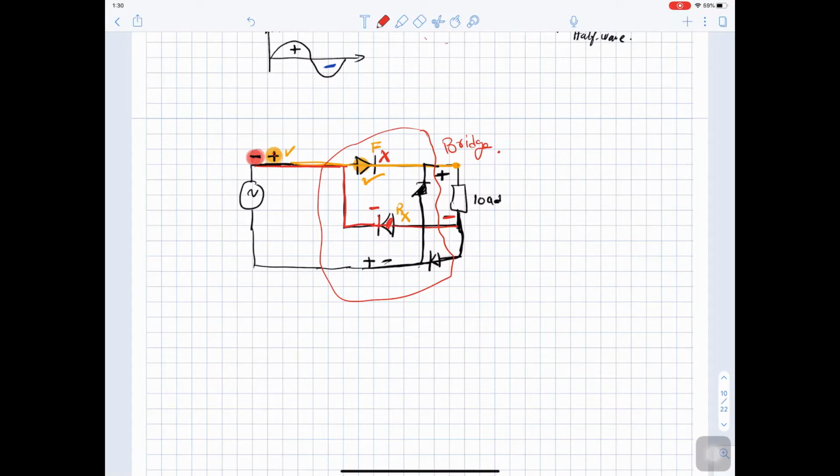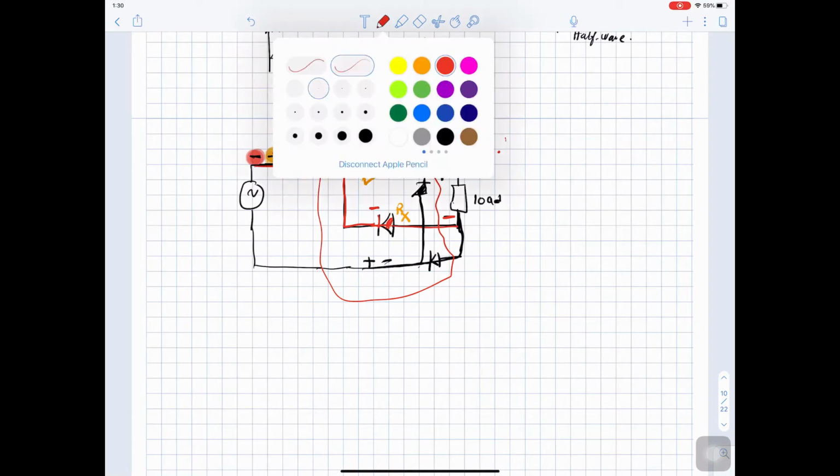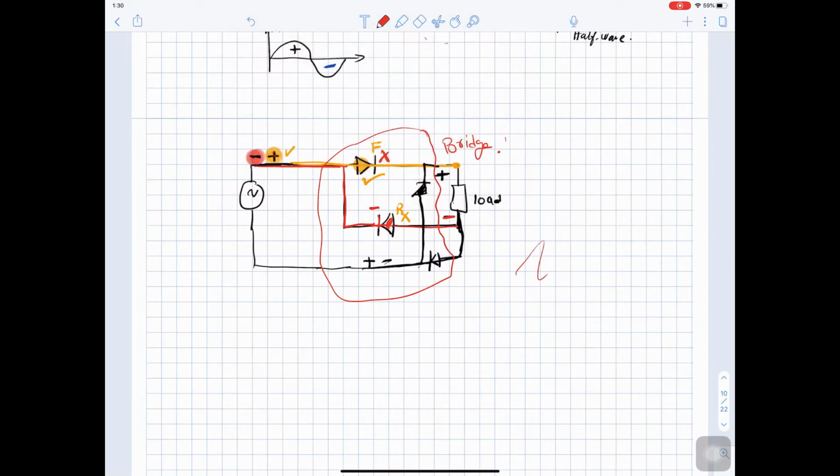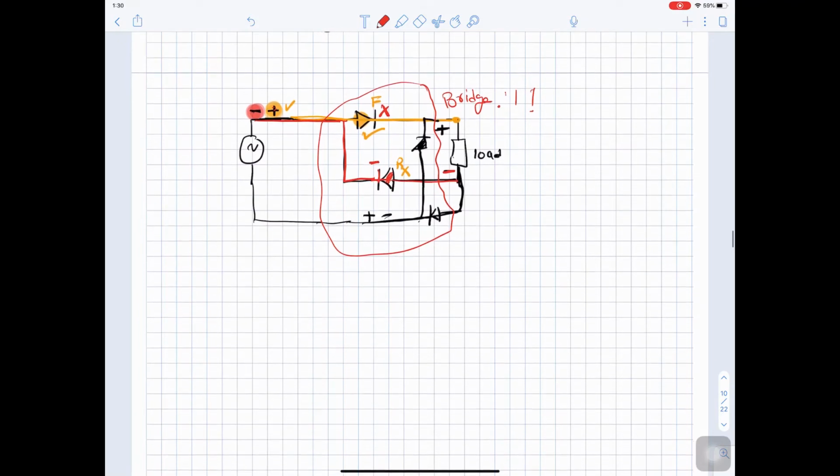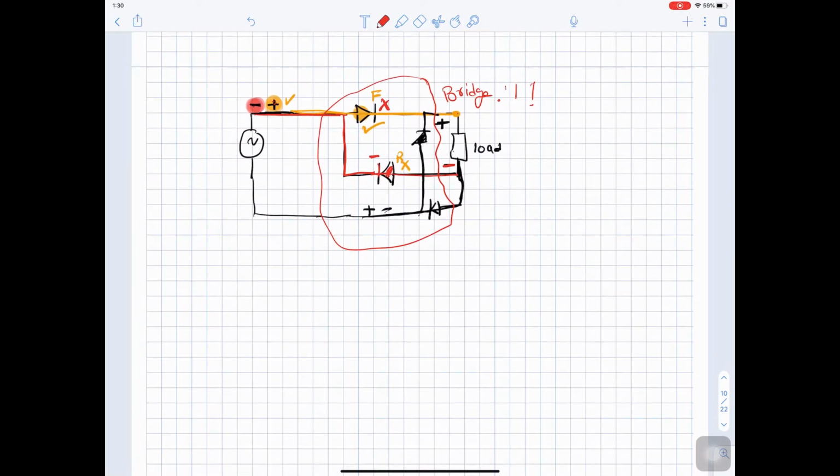So the use for the bridge is to keep the full wave, okay?